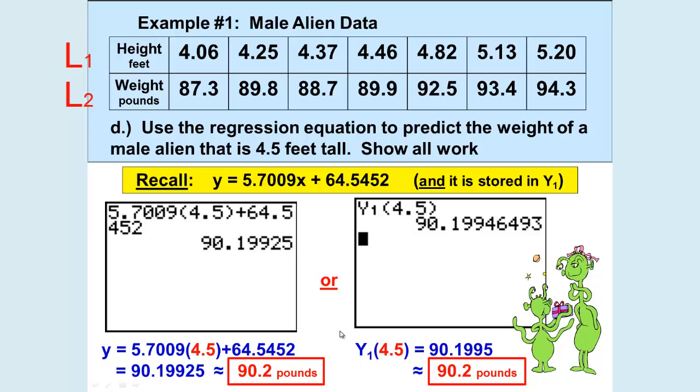So either method is okay to use to make our predictions using the regression line. At this point, it's time to stop, and when we pick up, we'll talk about some things that can go wrong in this process.